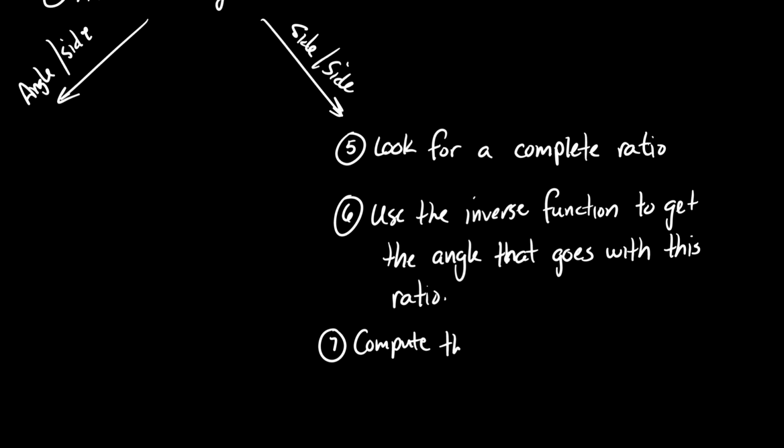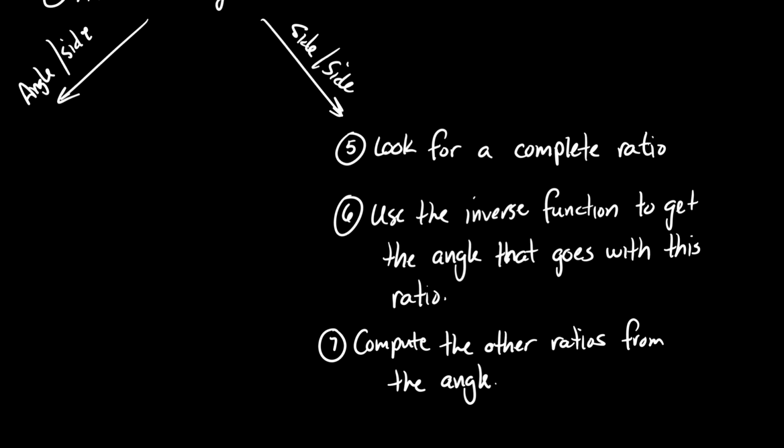Compute the other ratios from the angle. All right? So look for the complete ratio, use the inverse function to get the angle that goes with this ratio, and then compute the other ratios.